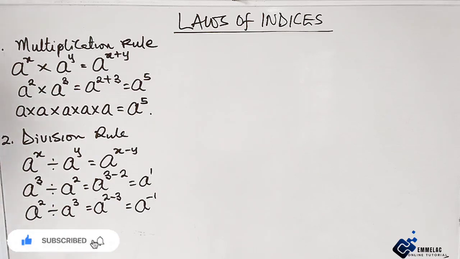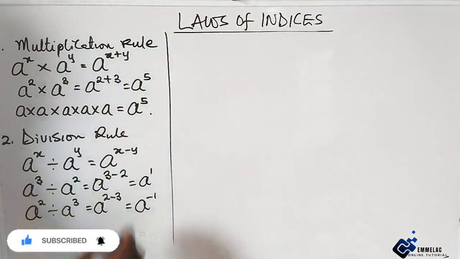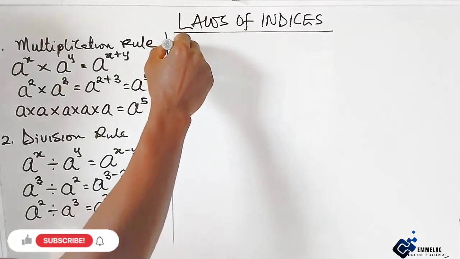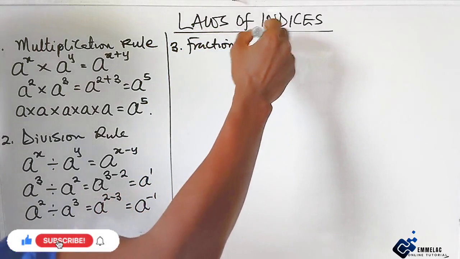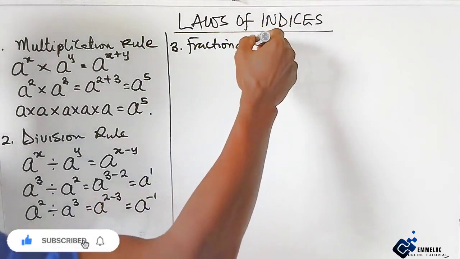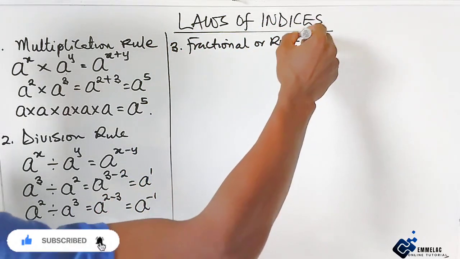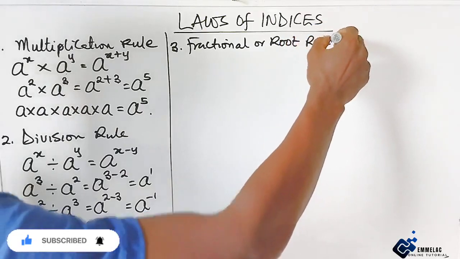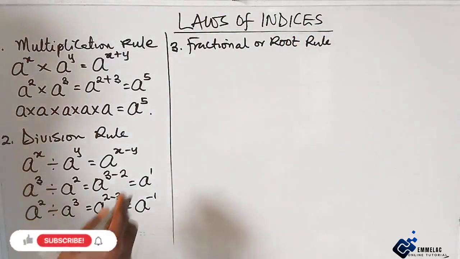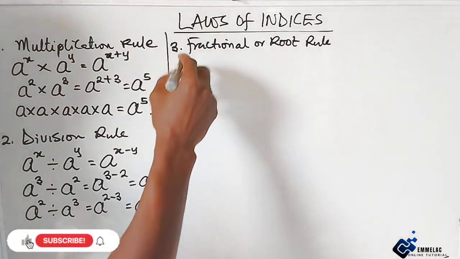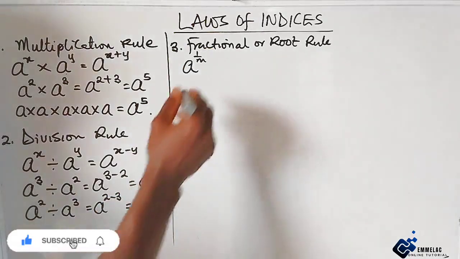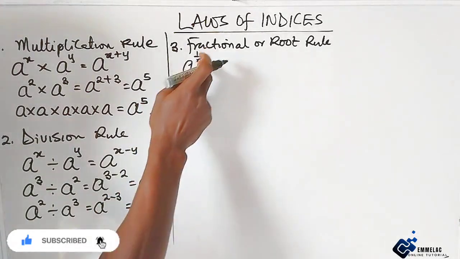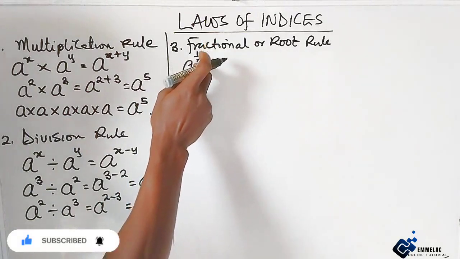Now let's move to the next one, which we'll call the root law, or the fractional indices law. Let's say a raised to the power of 1 over m. This is the fraction in this indices.